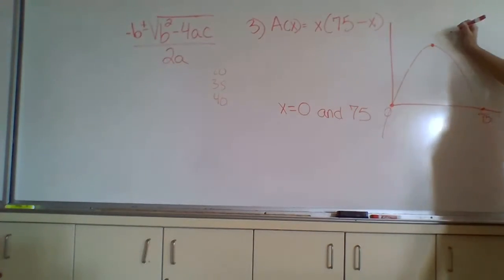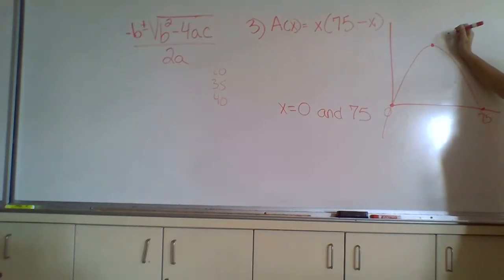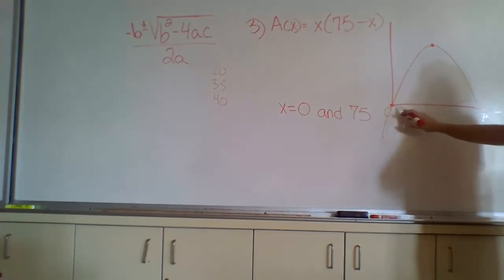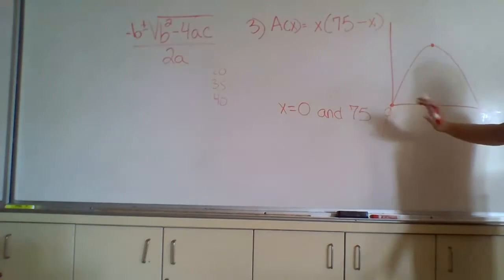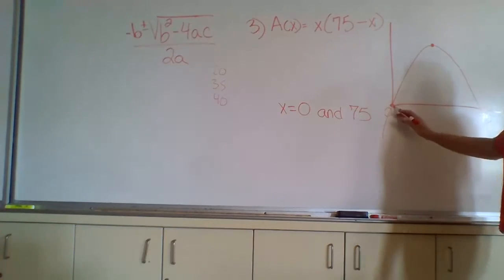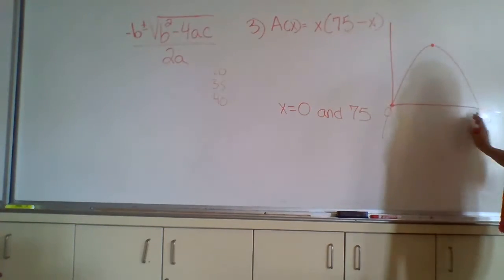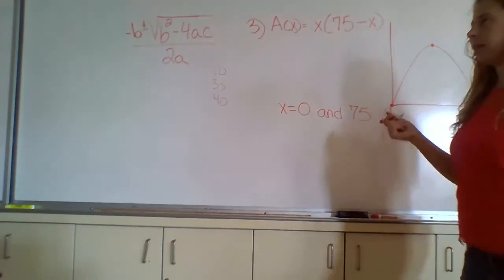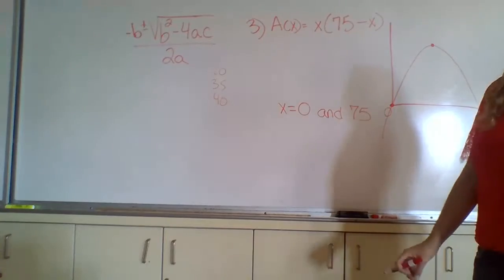That's your highest point of the graph. Okay, so it is halfway in between your two x values, your two x-intercepts. So this is why I'm doing this one, because you can't take half of 75 evenly.